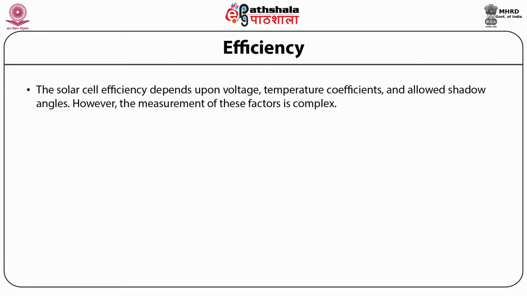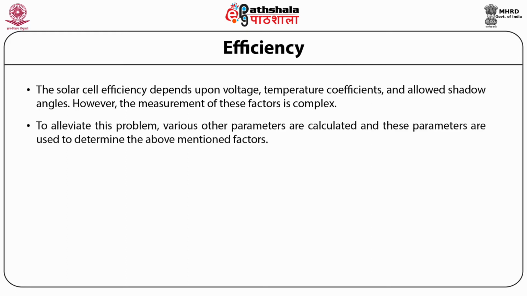The solar cell efficiency depends upon voltage, temperature coefficients, and allowed shadow angles. However, the measurement of these factors is complex. To alleviate this problem, various other parameters are calculated, and these parameters are used to determine the above mentioned factors.